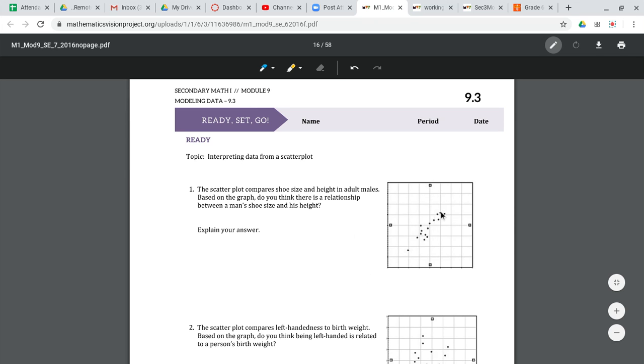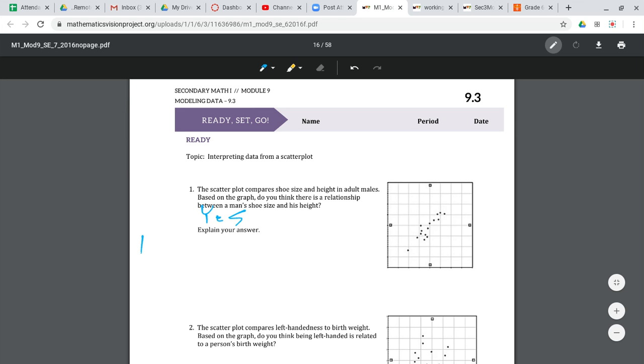Yeah, hopefully you were saying that it's going in a positive direction, which means there is a correlation. So yes, there is a correlation looking at this. The points generally are all going in the same direction. They're all going in an increasing direction.